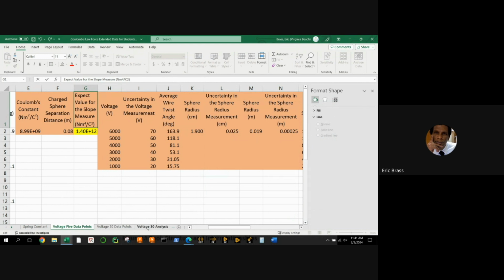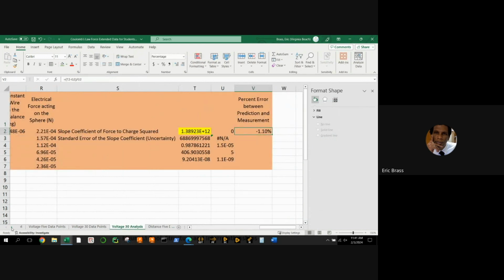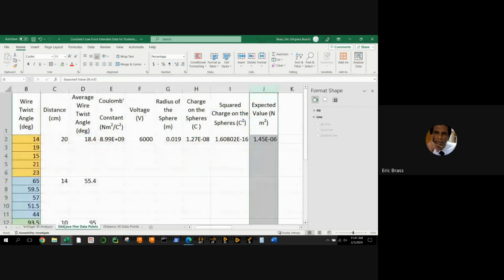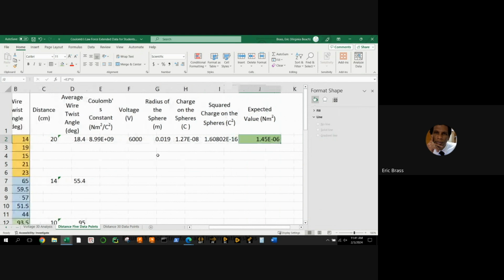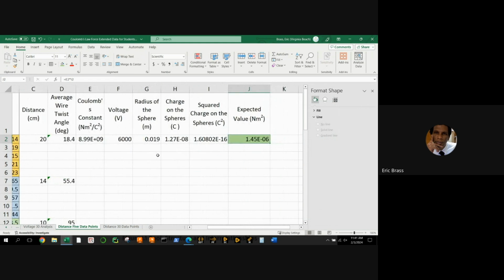All right, so let's get back over here to distance. So this should be correct. All right. So this is our expected value. I'm just going to go ahead and highlight this. I'll put it in green. And now let's go ahead and bring our distance. We're going to convert that over.